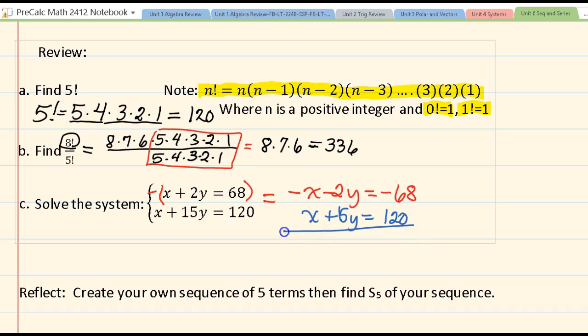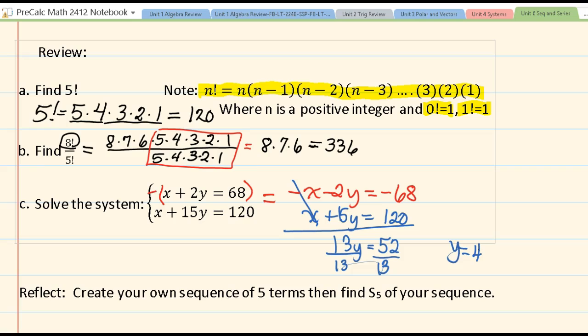When I add, the x's are going to go away and I end up with 13y is equal to a positive 52. Then I'm going to divide both sides by 13, and I'm going to find that y is equal to 4.